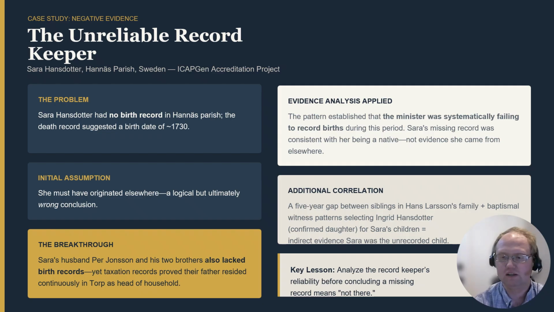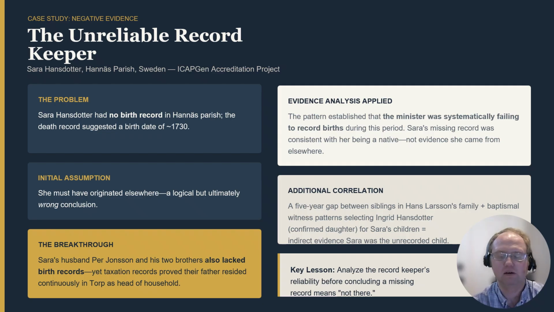But that's the thing: I had negative evidence proving that the absence was notable and had a particular meaning, and then I used indirect evidence to build a case and demonstrate that she was almost certainly a native of the parish, just like her husband was, even though neither one of them had birth entries in the parish.